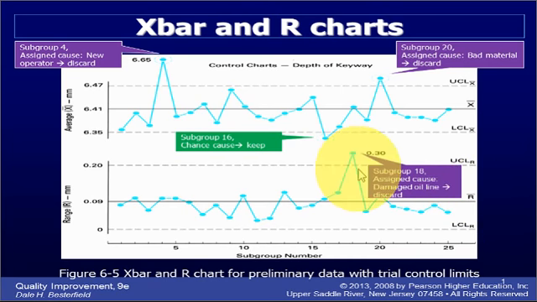And similarly for the R chart, you discard subgroup 18, but you still keep subgroup 18 in your X bar chart. Okay, so this discussion is implemented respectively in these two charts.